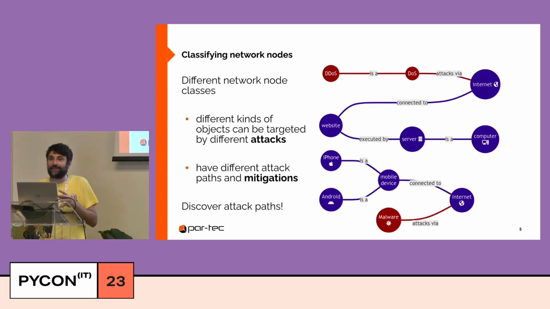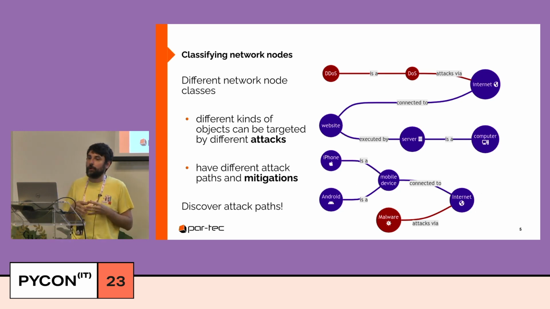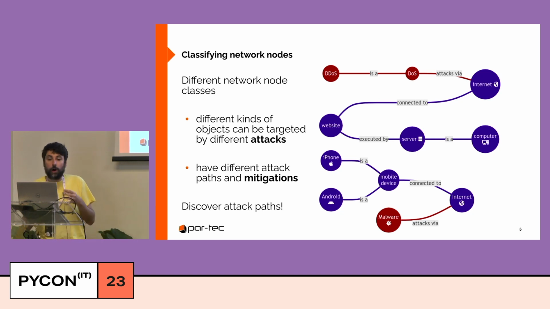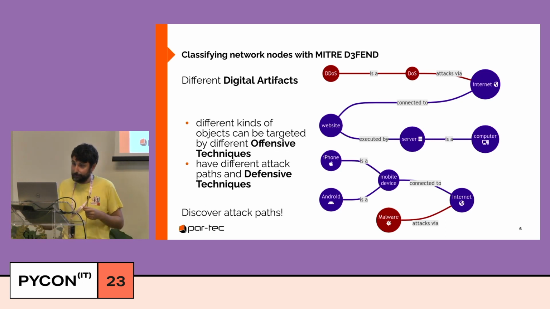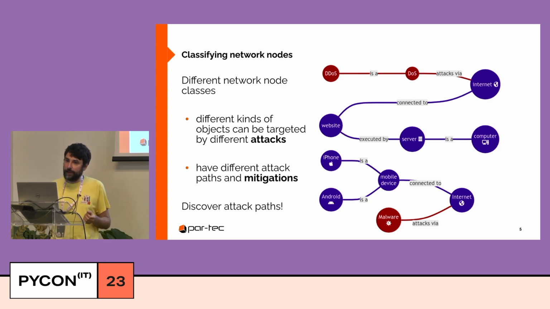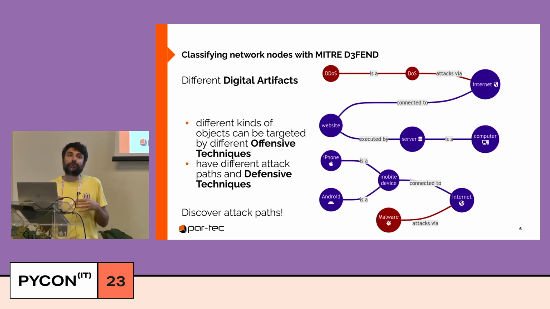But as we can see, it's not all. We can still continue to expand and unfold this kind of information, this kind of graph, to identify attacks, walk through these attack paths, and identify mitigation. Well, we said before we had network node classes, attacks and mitigation, but we want to use a classification.